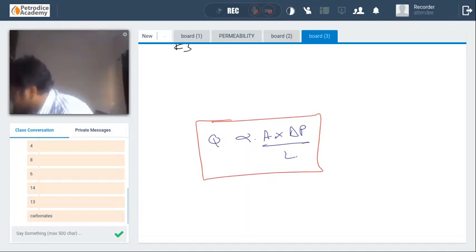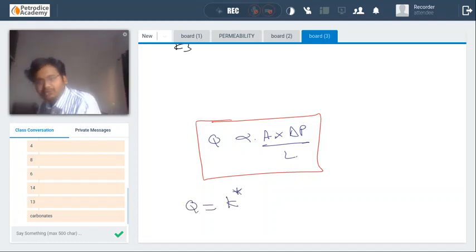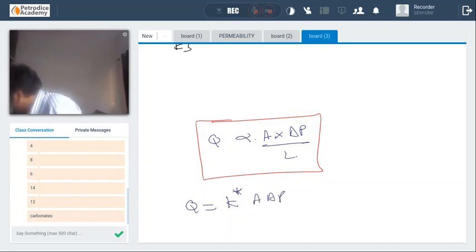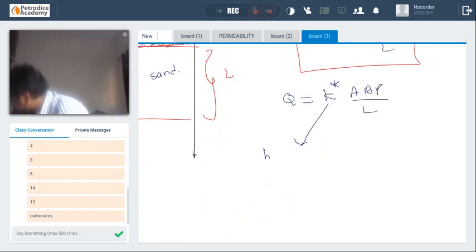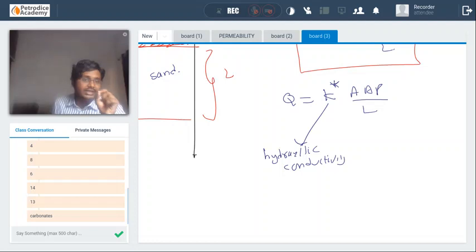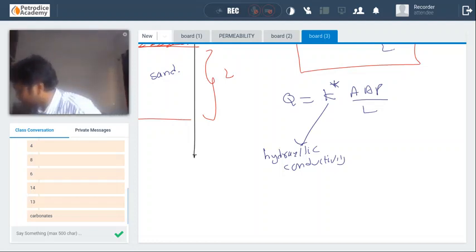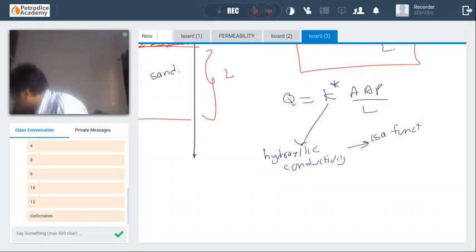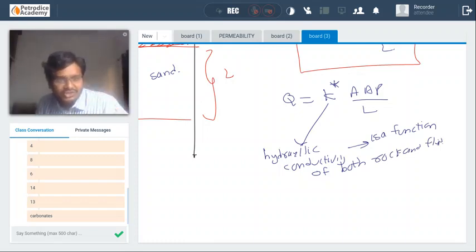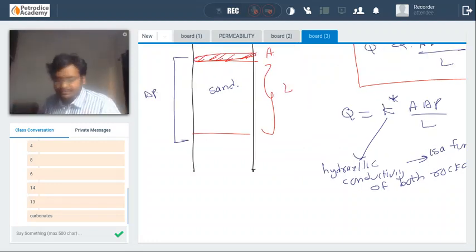From this expression, Q is equal to K star, let us call it K star, the constant, times A delta P divided by L. He defined this particular variable K star as hydraulic conductivity, and he found out that this hydraulic conductivity is a function of both rock and the fluid, and it changes as the fluid changes.